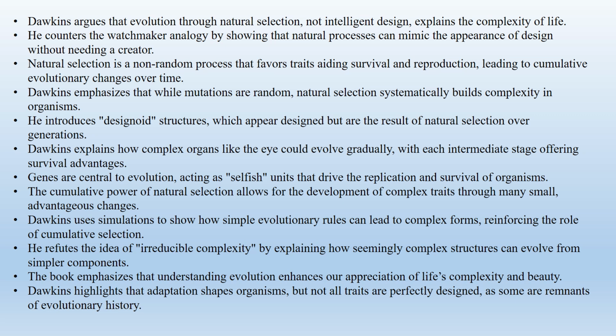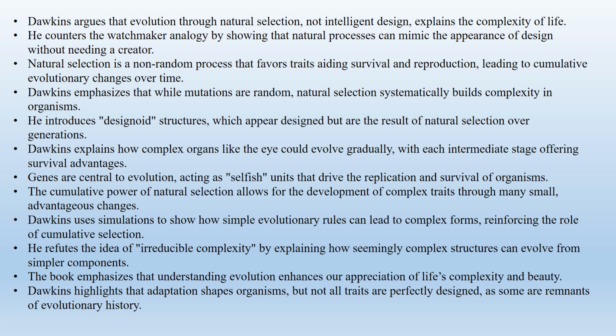Dawkins also addresses the role of genetic information in evolution, explaining how genes carry the instructions for building and maintaining organisms. He introduces the concept of selfish genes, a theme he had previously explored in his earlier book, The Selfish Gene. According to this idea, genes are the fundamental units of selection, with organisms acting as vehicles for their propagation.